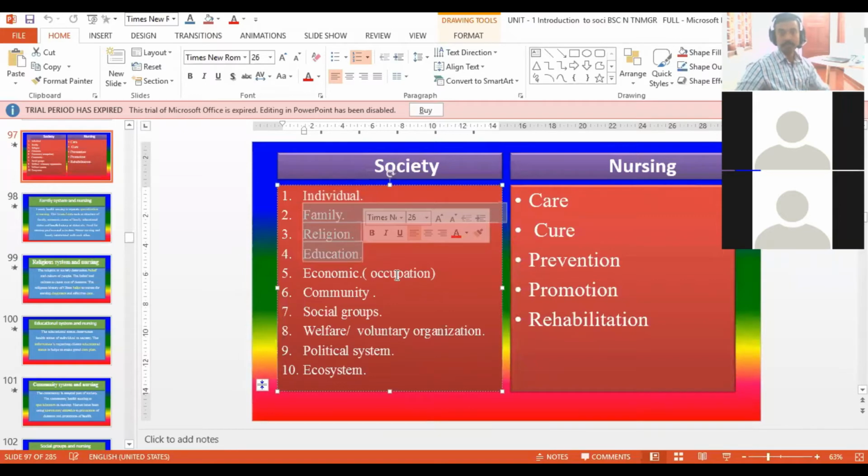Biological factor means individual biology regarding neuroendocrine. A good environment creates a good mind. Then psychological factors determine the chemistry of our body.